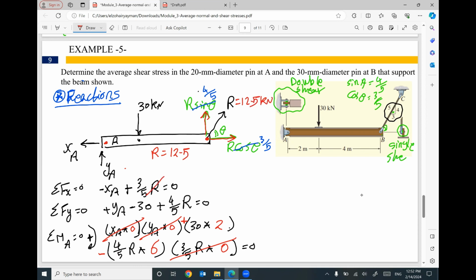If you put R here, 12.5, I can find out the value of XA. If you put R here, 12.5, I can figure out the value of YA. So XA will be 12.5 times 3/5. It will be 7.5.